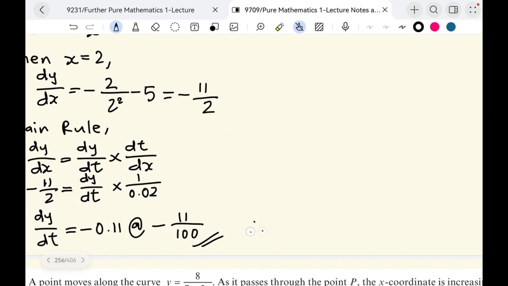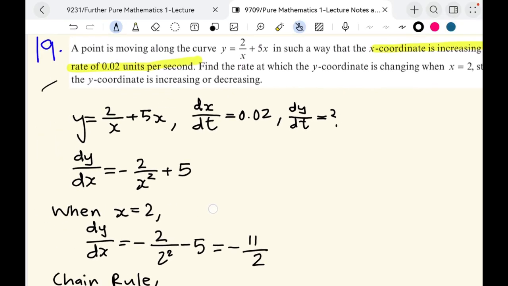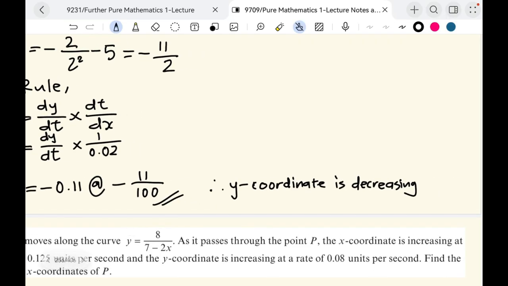And don't forget to state the nature of the y coordinate. So we can say the y coordinate is decreasing because of the sign over here. If you can, you may elaborate, at x equals 2. Sufficient elaboration helps you a lot to score the marks significantly.